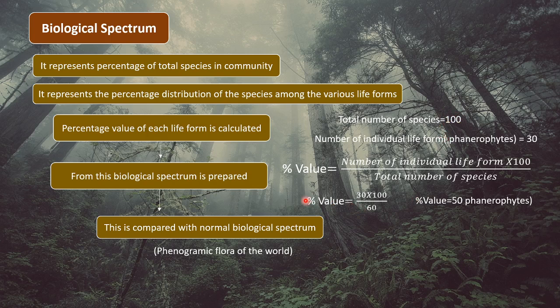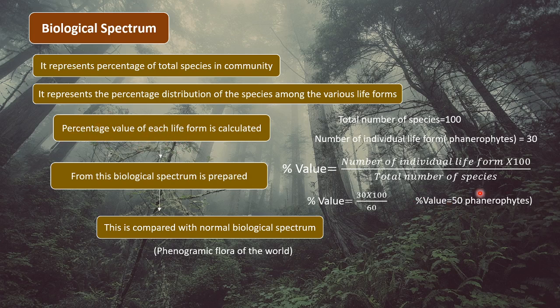So when we calculate the percentage value, what we will get is 50% phanerophytes. These will all get cut, it will get divided, and what will remain is 50. Right, what we get is 50, which means that in that community there are 50% phanerophytes present, right? I hope now you can understand what I mean by the percentage value of each life form.